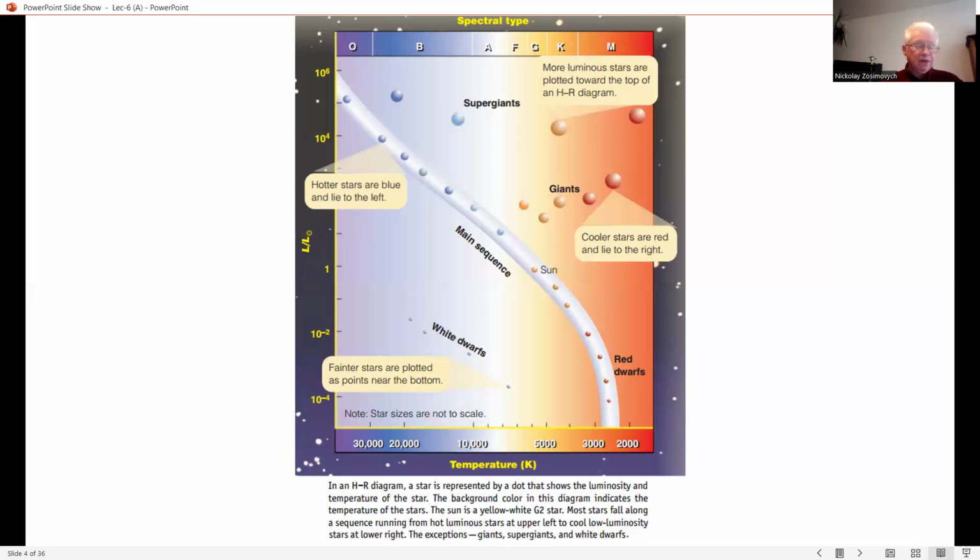In this figure, the main sequence is represented by a curved line with dots for stars plotted along it. As you might expect, the hot main sequence stars are more luminous than the cool main sequence stars.